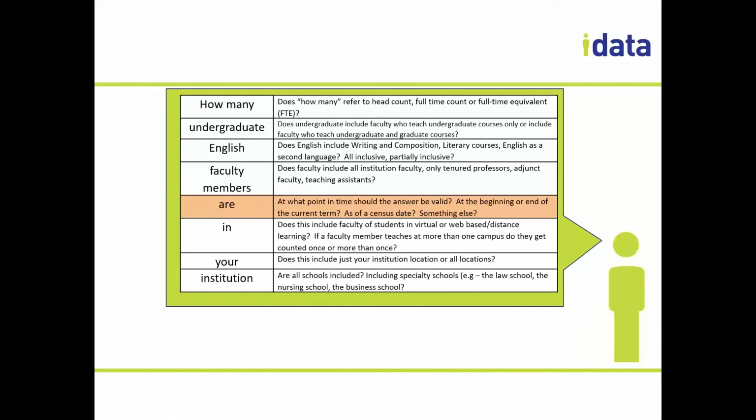What does it mean to be in your institution? Your is this other thing: are you talking about one location, multiple locations? And an institution, or are you talking about all schools? I know we mentioned undergraduate, but what about continuing ed classes and all that?